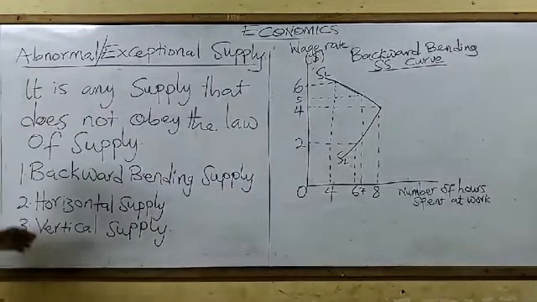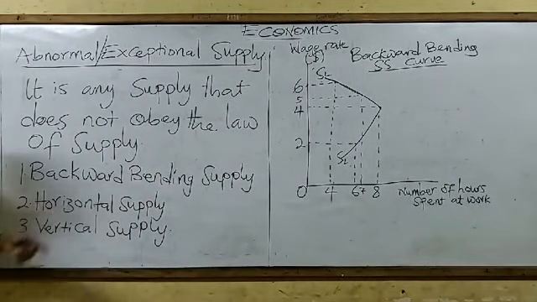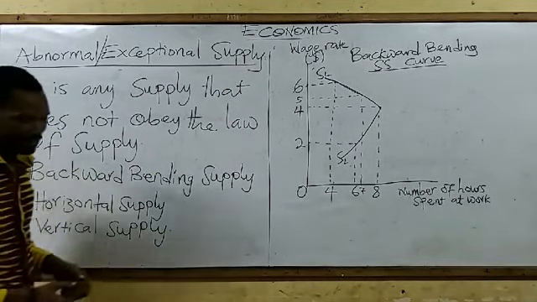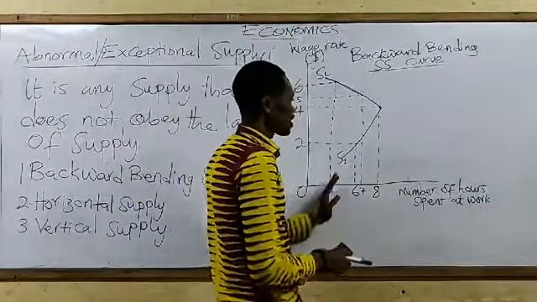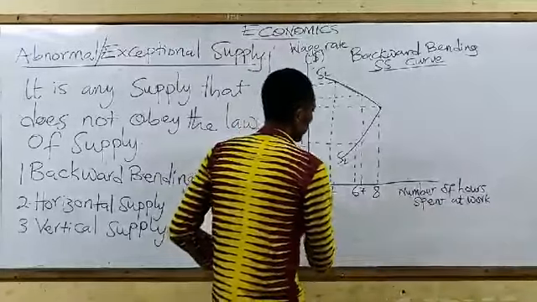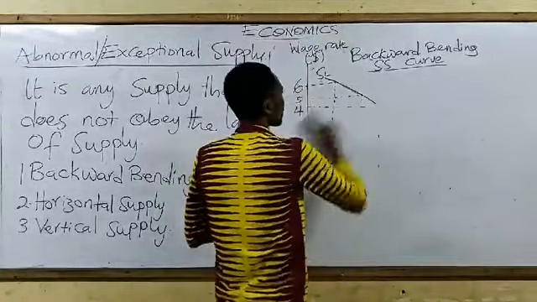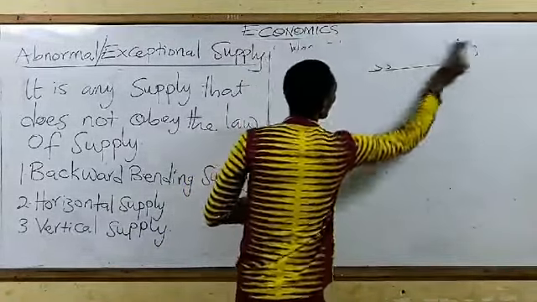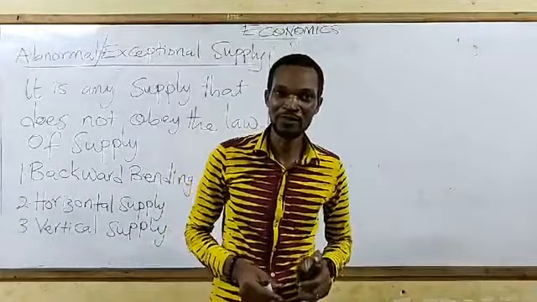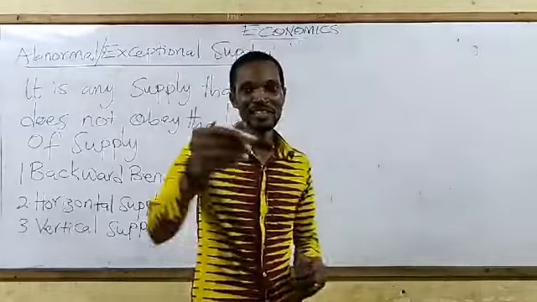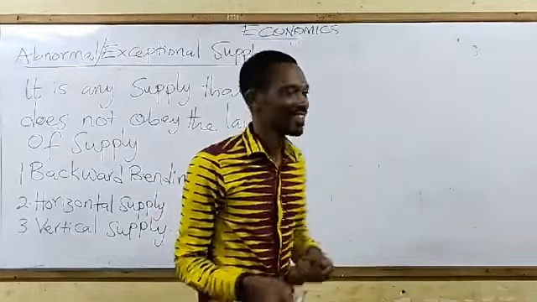So we move on to the second one, which is the horizontal supply. And I'm going to clean this side of the board and make use of it. So let's go. And like I keep saying, it is always a video, so even though it's cleaned, you can still go back and get it.